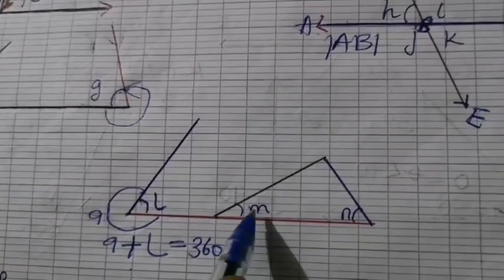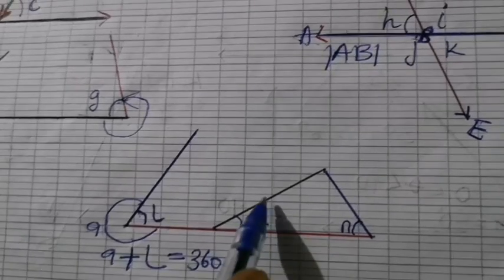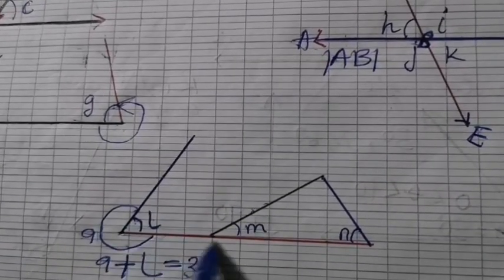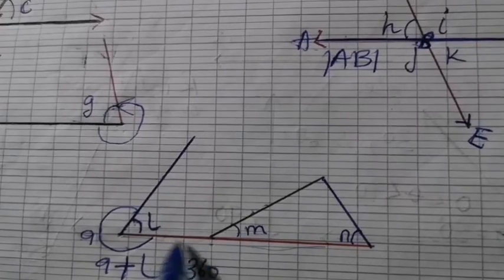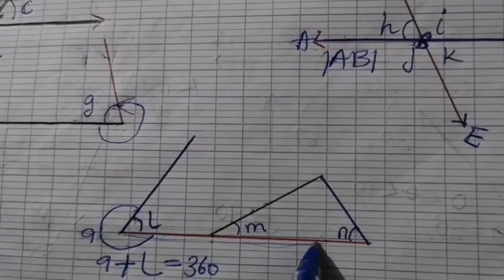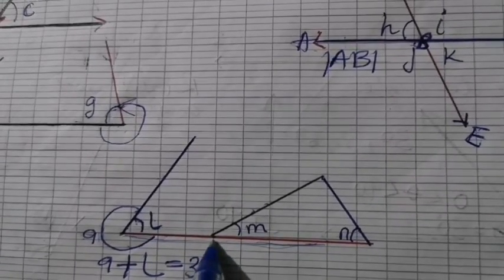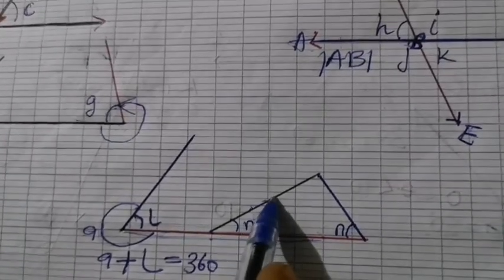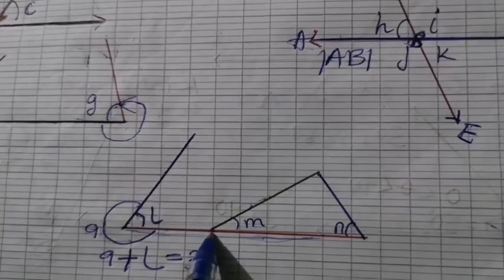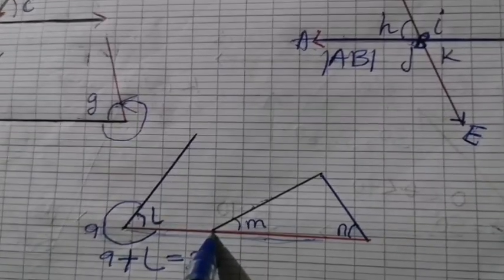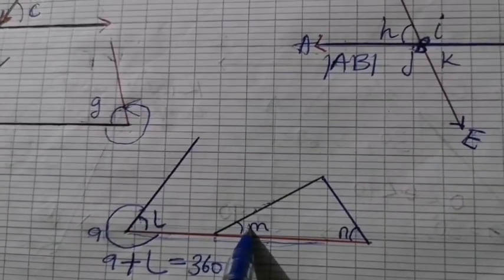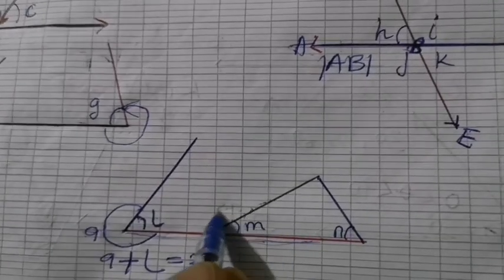Now let's look at this place. This line actually meets this line here. So this line here, on the red ink, has formed a baseline to this line. So any angle this line forms on this red one is going to be considered angle on a straight line. So angle M and any other angle here.